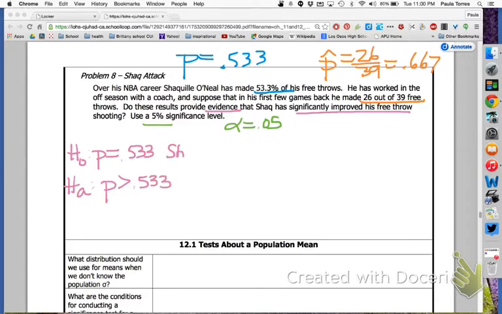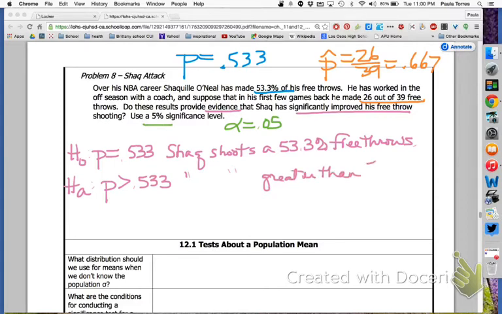So Shaq shoots 53.3% free throw, and this one would be greater. Depending on which version I'm doing, I'm going to go with a one-prop z-test, and then I'll do the z-interval second just so you can see it.